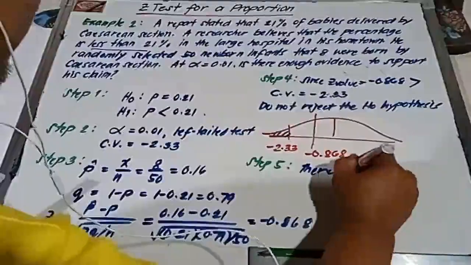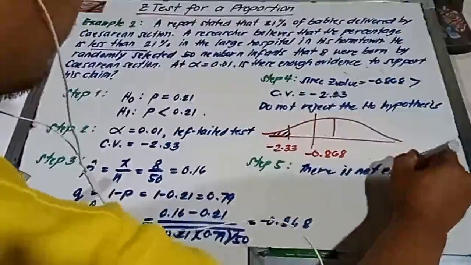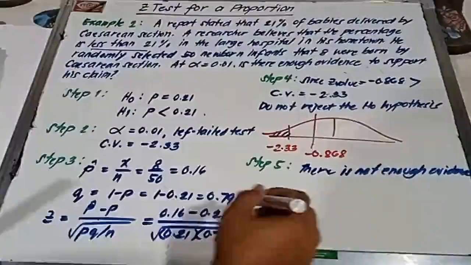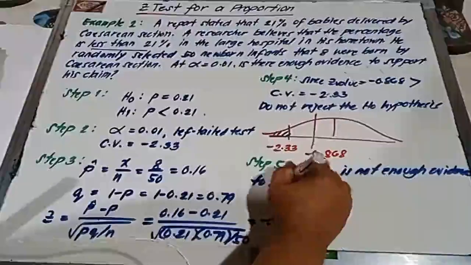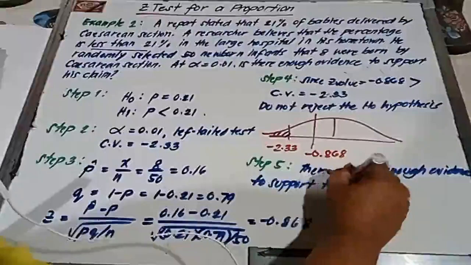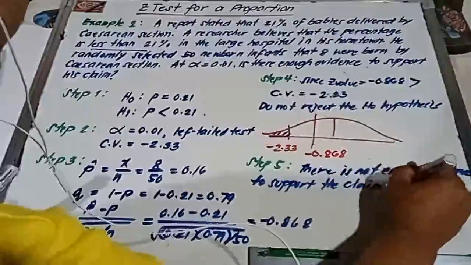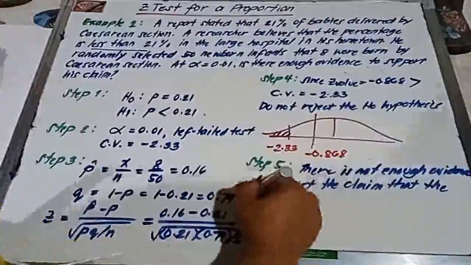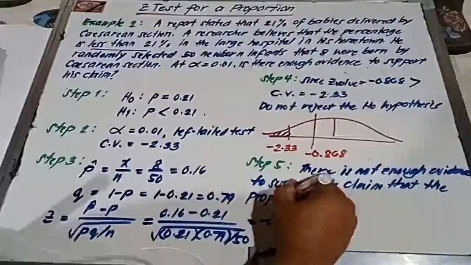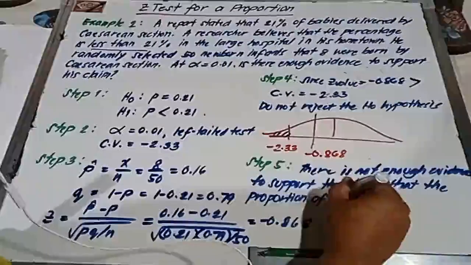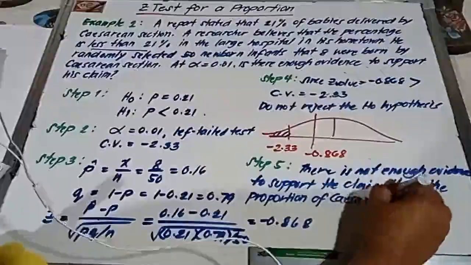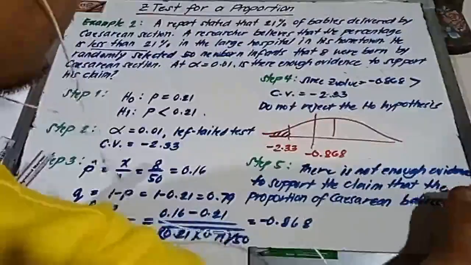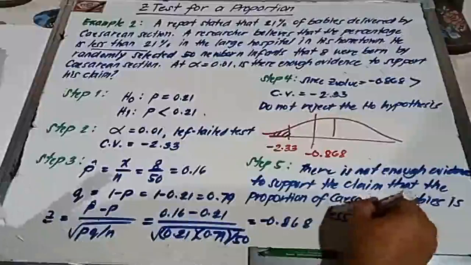There is not enough evidence to support the claim that the proportion of cesarean babies is less than 21%.